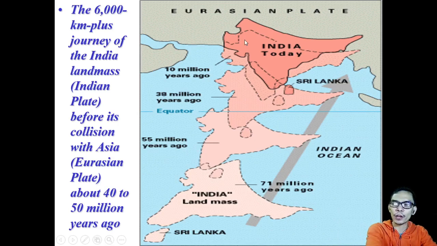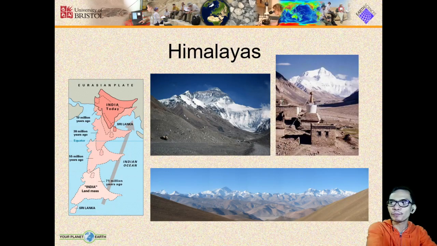As the picture is showing, it approaches the Eurasian plate as time passes by, and after 10 million years, it collided with the Eurasian plate and formed these majestic mountain ranges that we know. And that is the Himalayan mountain range.